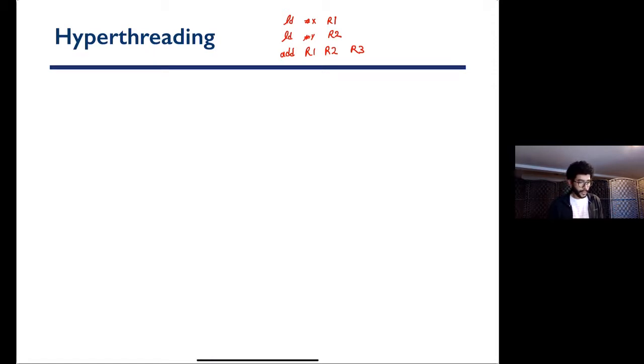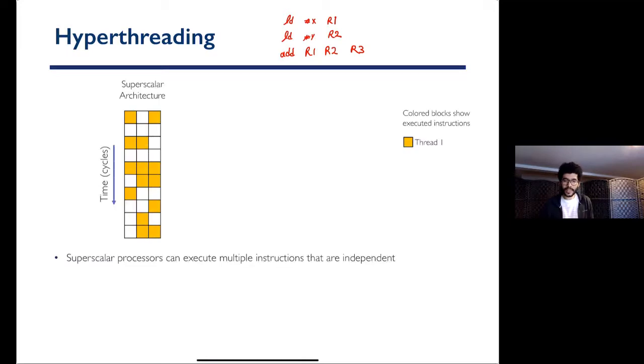Now, the Superscalar architecture allows us to do multiple instructions per cycle. Not only one instruction, but multiple instructions. The term they use is that they have multiple lanes. In this figure, on the vertical axis, I have time in cycles. So this is cycle 1, this is cycle 2, this is cycle 3, this is cycle 4, and so forth.